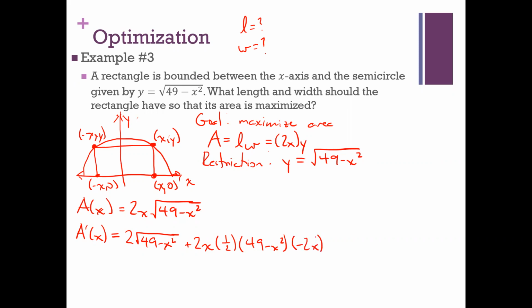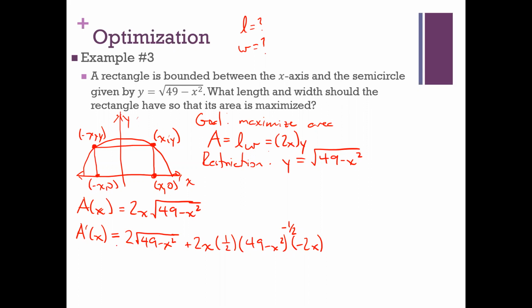I'm missing something important. Yeah, so this power right here should be -1/2, right? So 2x over, hold on, let me stop here. Are we okay with this? I know it's not simplified or clean yet, but I just want to make sure we're okay with how we got here. If anybody has any questions, let's take it.